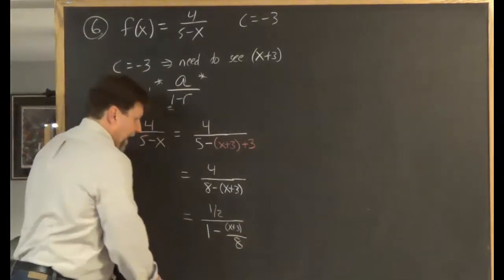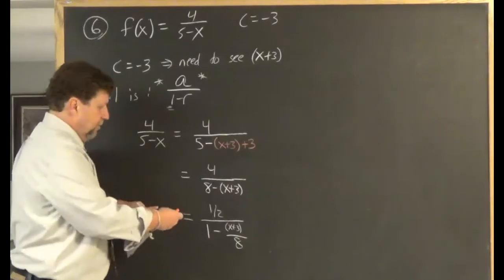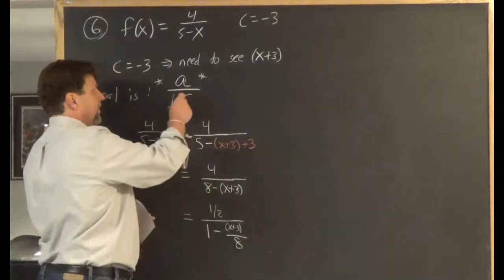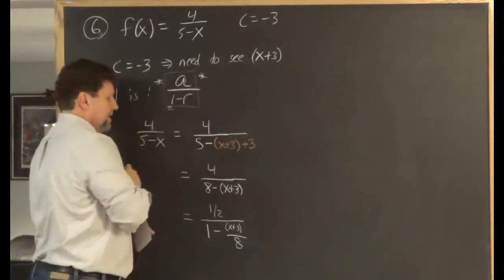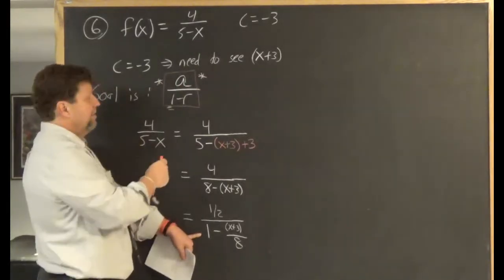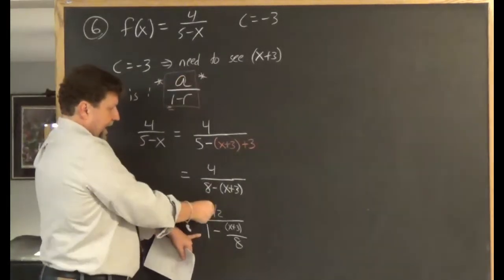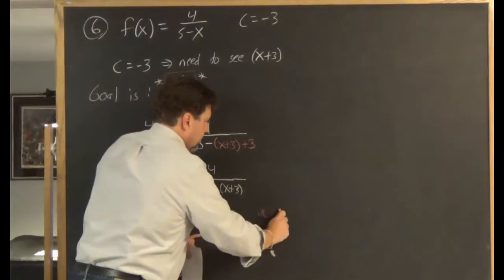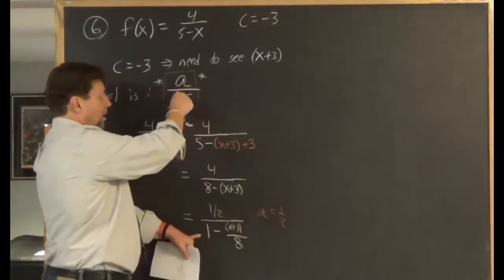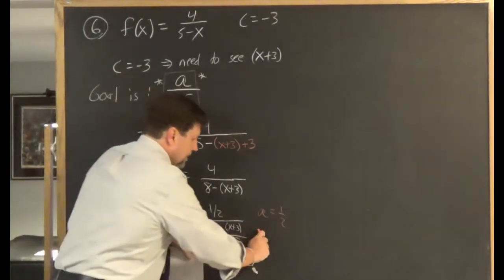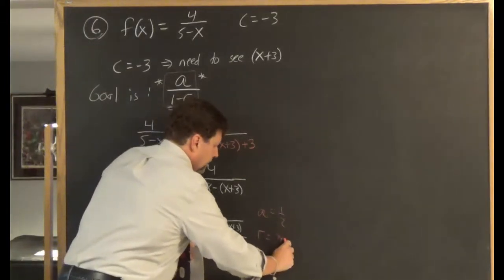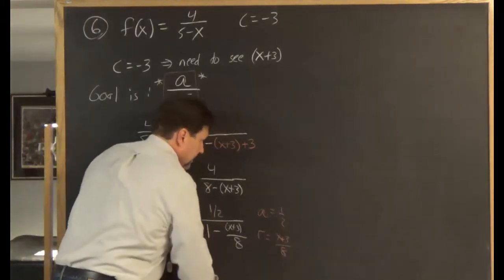But notice that what we have right now is the form we want, a over 1 minus r. So just place by place comparison. A is 1/2. R is x plus 3 over 8.